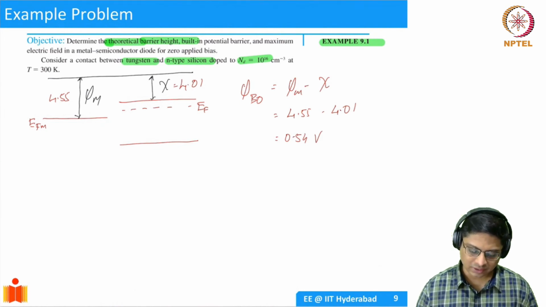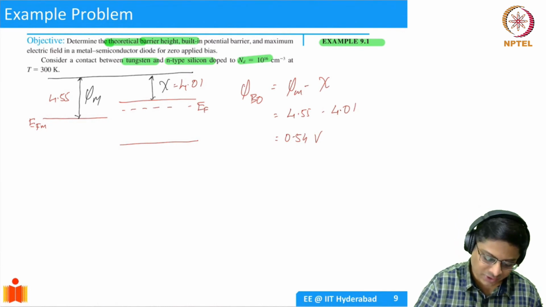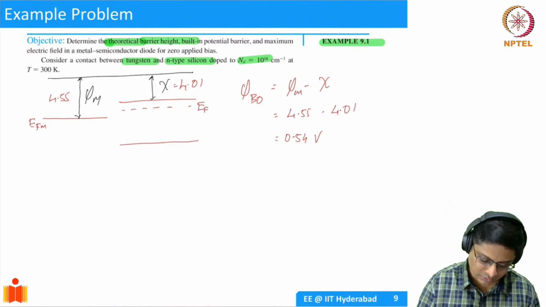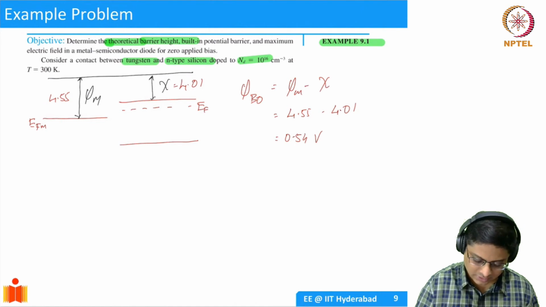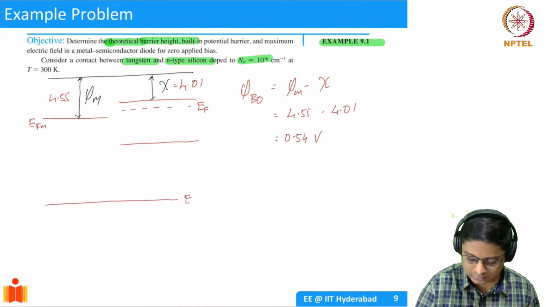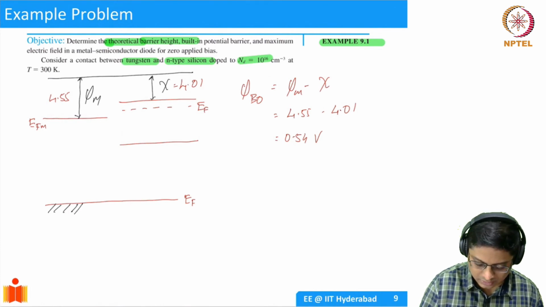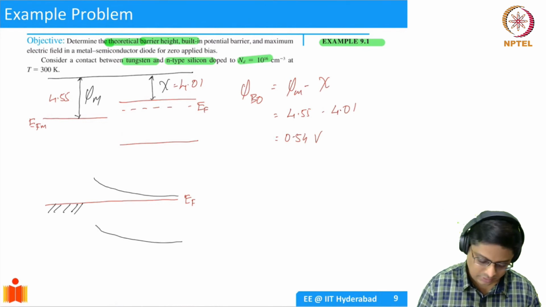All right. What is the built-in potential? So the built-in potential is when it's an N-type semiconductor. Let's say there is a barrier here. There's an EF, and then this is your metal, and there's going to be band bending here, right?